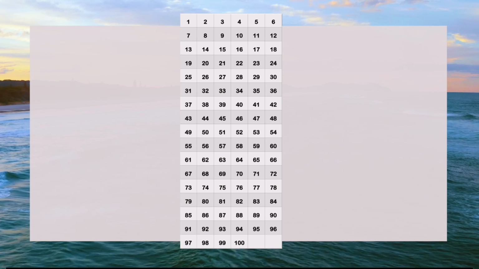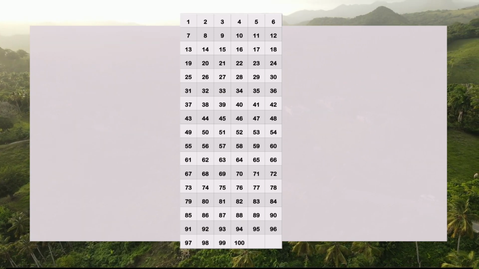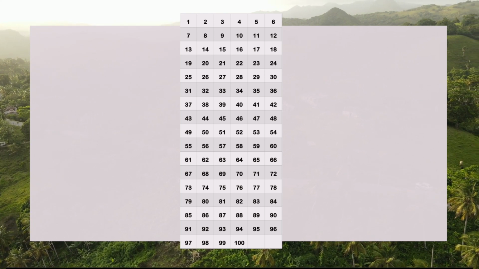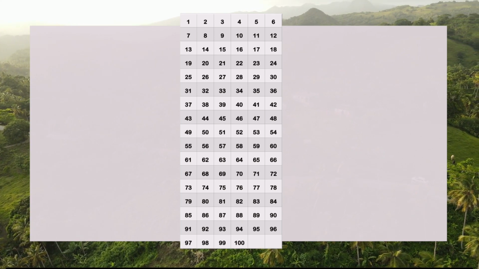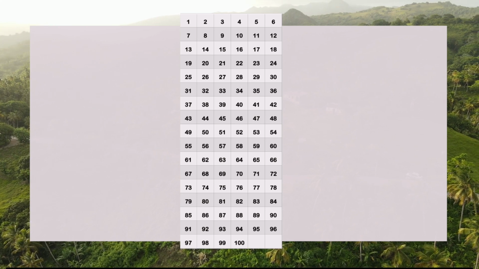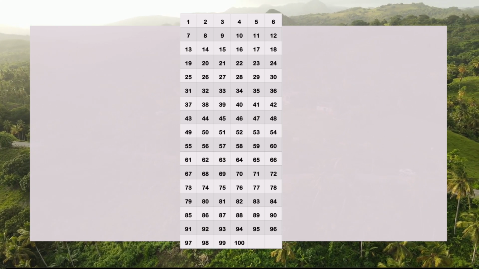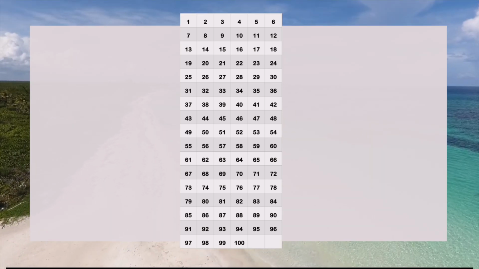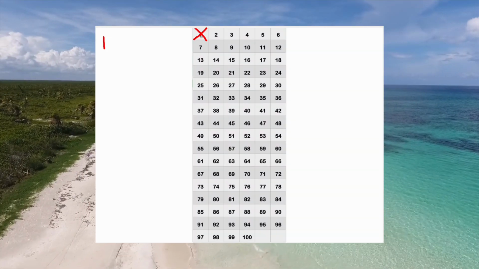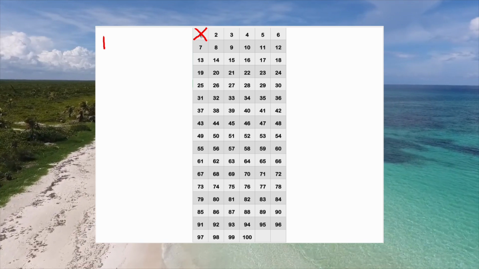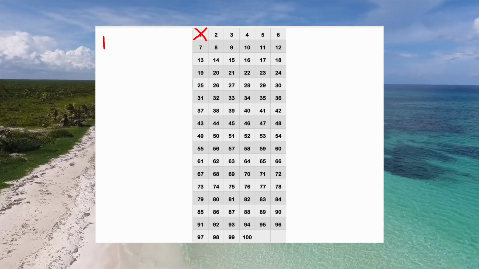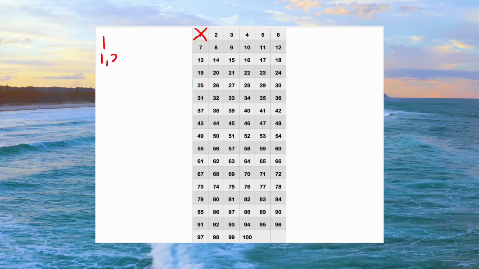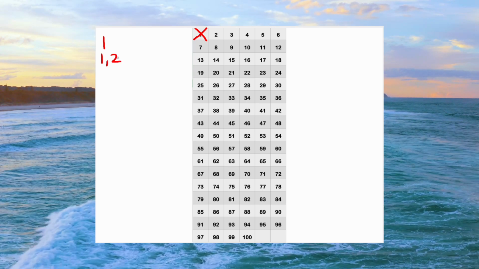So what we do, we start off with the number 1. As I said before, 1 only has itself. There are no other numbers, so we don't have two factors, and therefore it's neither prime nor composite. So we can just eliminate 1 as being a prime number. The next number we have is 2. 2 is a prime number because it has 1 and itself as factors.